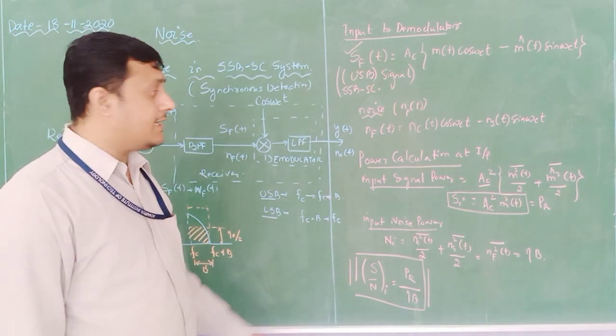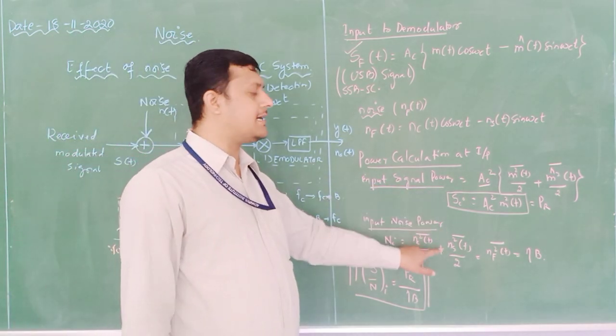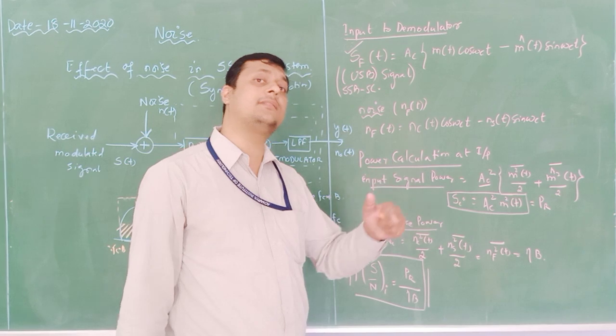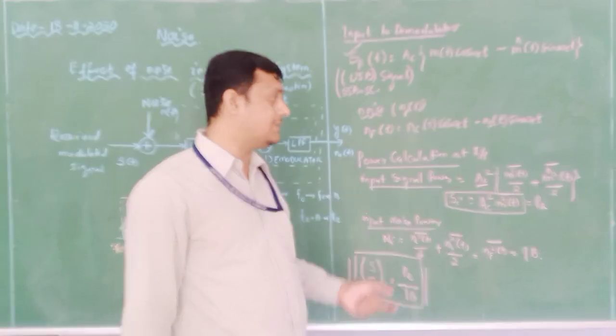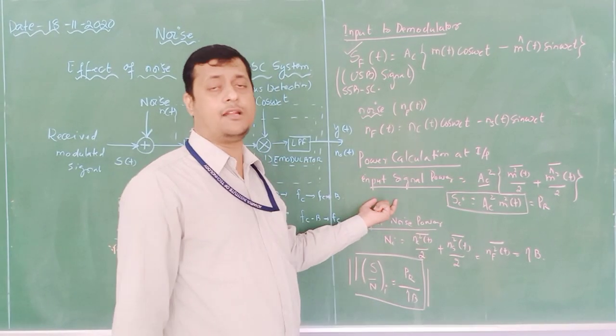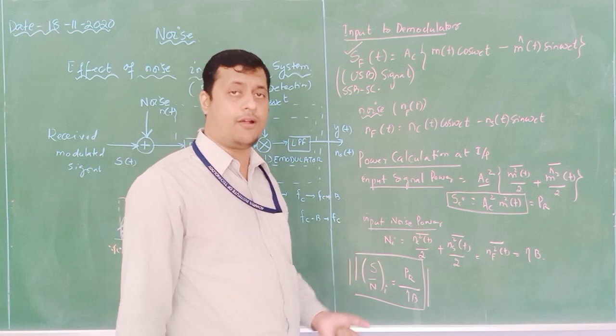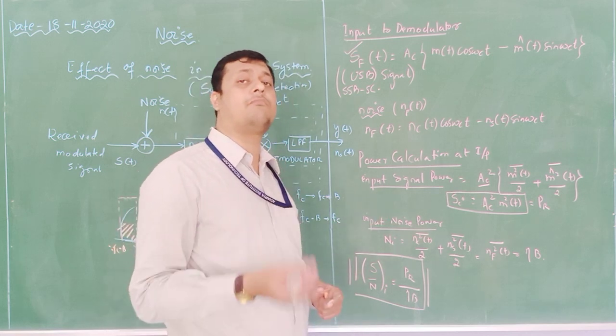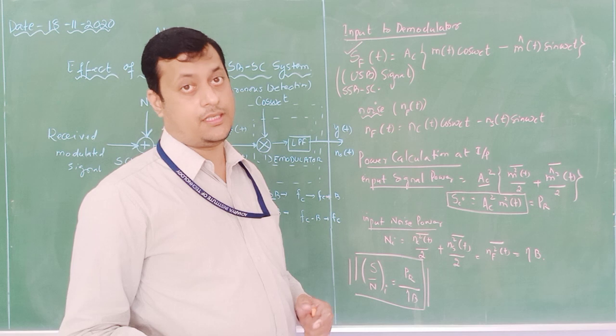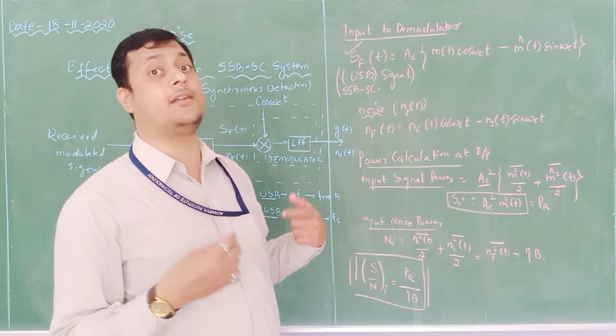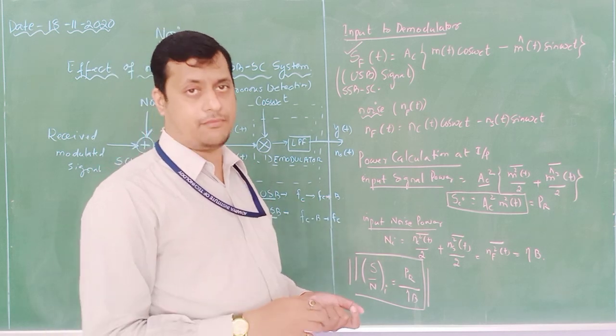Now the thing is, if this value is greater than this, then the original signal can be recovered. That means if the strength of input signal power is more with respect to the noise, then only the extraction of the modulating signal is possible. The quality of the signal is not deteriorated. We can extract the information.